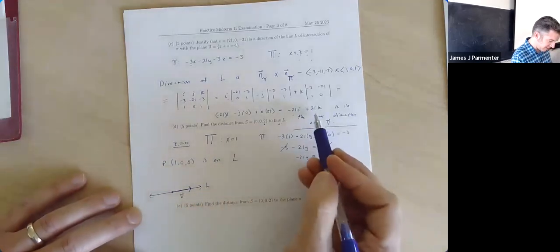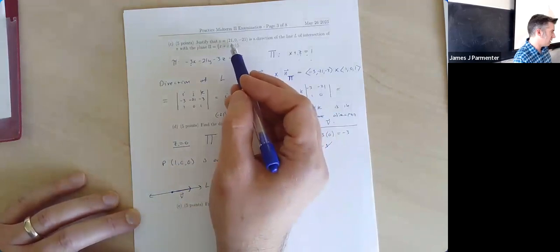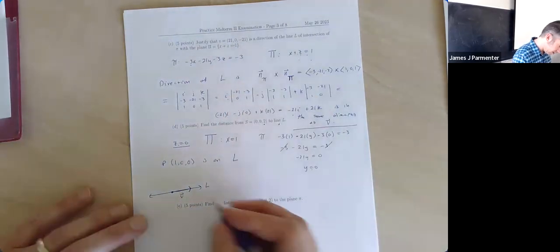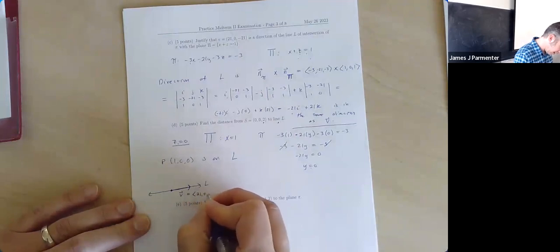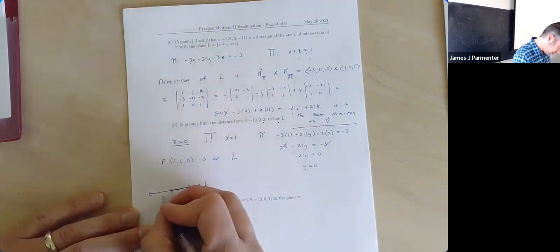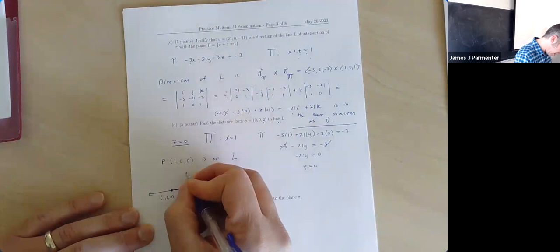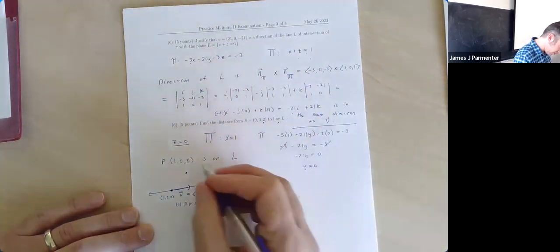You can either use the one we found, which is negative 21i plus 21k, or the one given, which is 21, 0, negative 21. Either one is fine. I'm going to use the one he gave me. Then you've got this point here being 1, 0, 0, and this other point not on the line being 0, 0, 2.